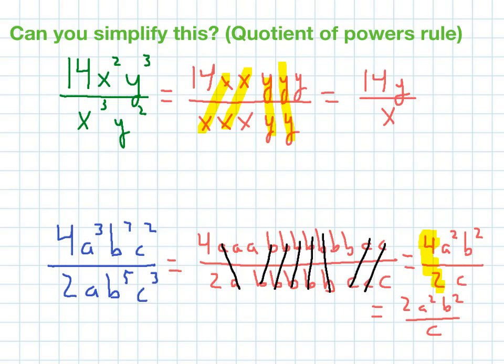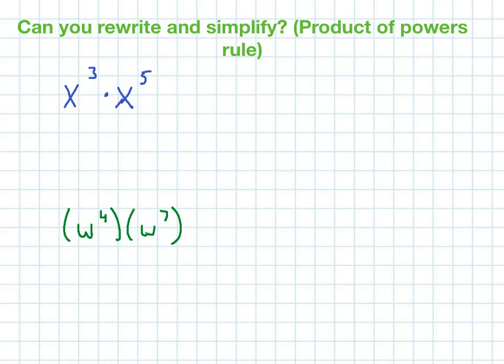Now I'm going to give you some time to practice this idea. Can you rewrite and simplify using the product of powers rule? Here I have x to the third times x to the fifth. So again I'm going to expand.